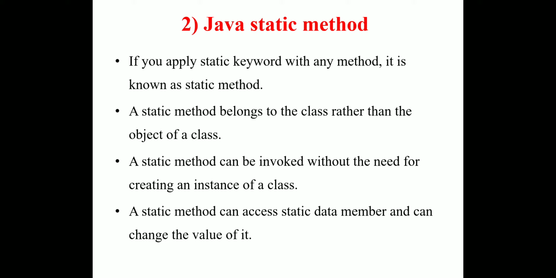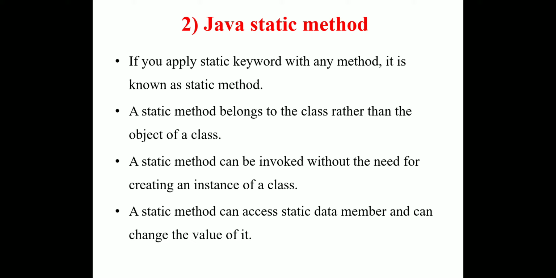If you apply the static keyword with any method, it is known as a static method. A static method belongs to the class rather than the object of the class.